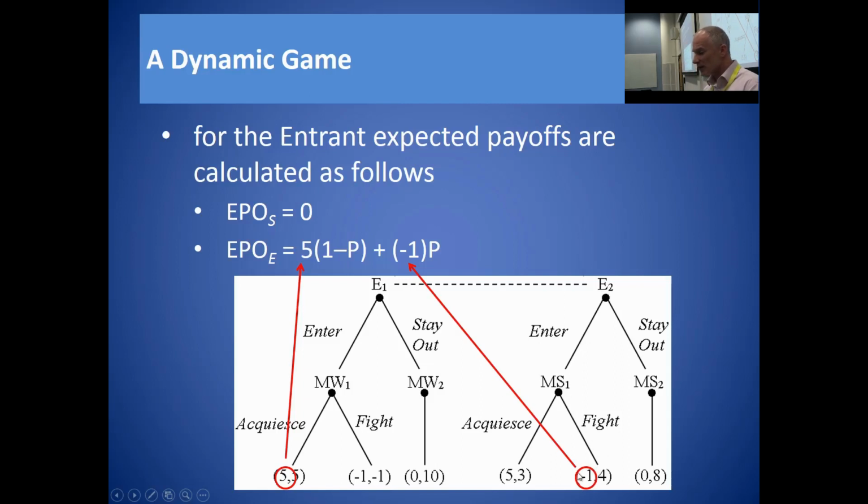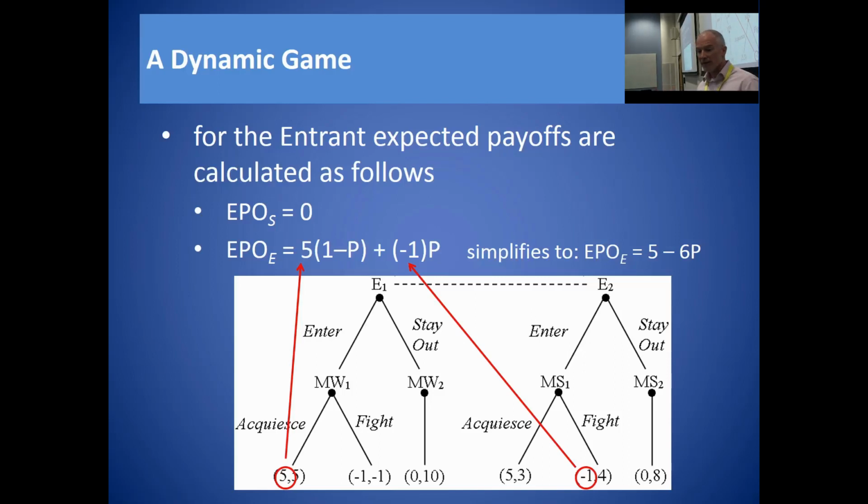In which case, the entrant gets a payoff of minus 1. And it will get a payoff of minus 1 whenever the monopolist is strong, and it's strong with a probability of p. So hence, that is our expected payoff, which we can simplify to 5 minus 6p.